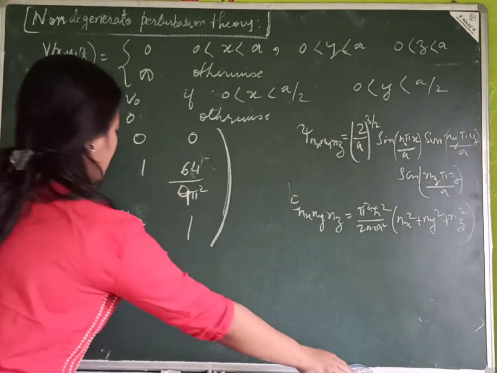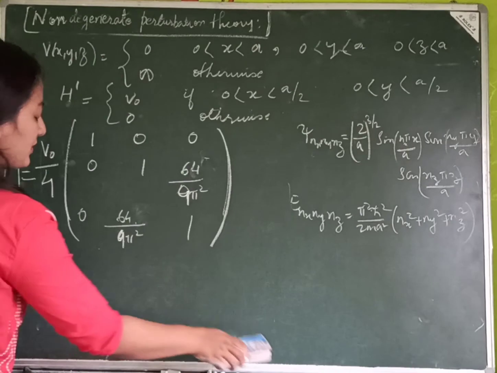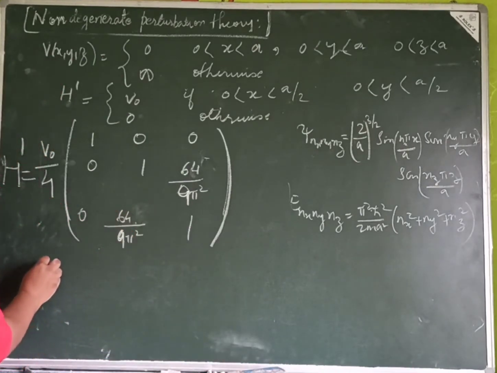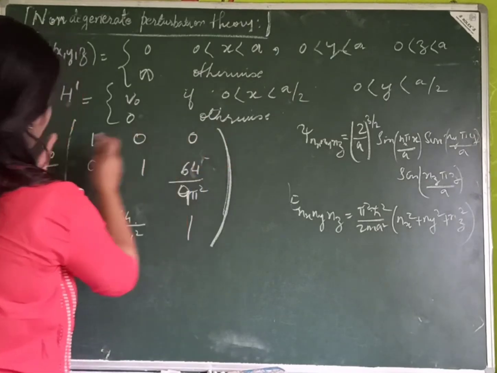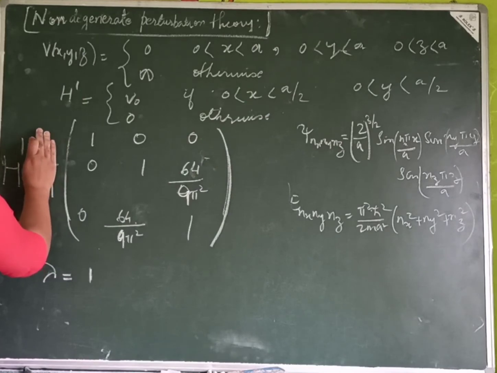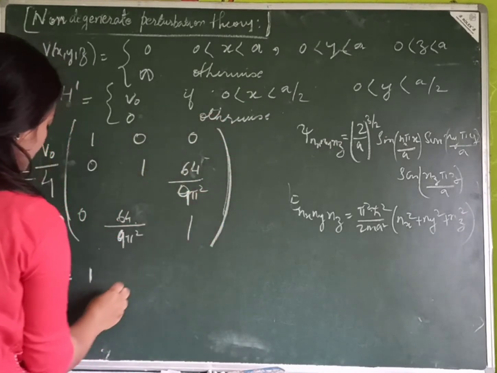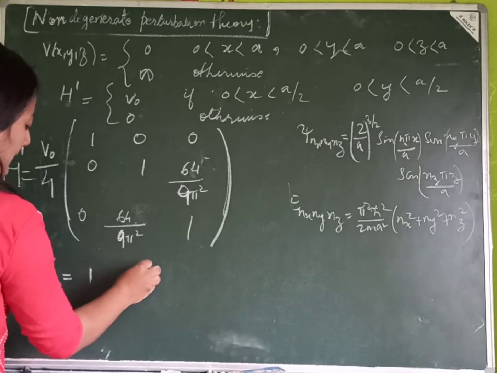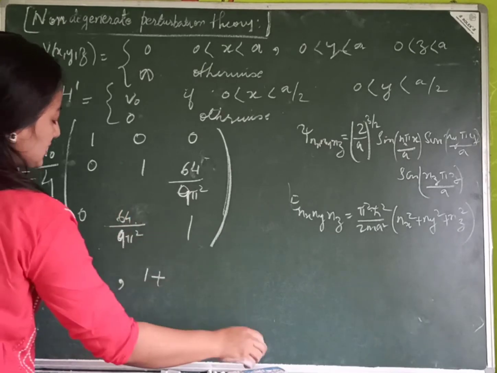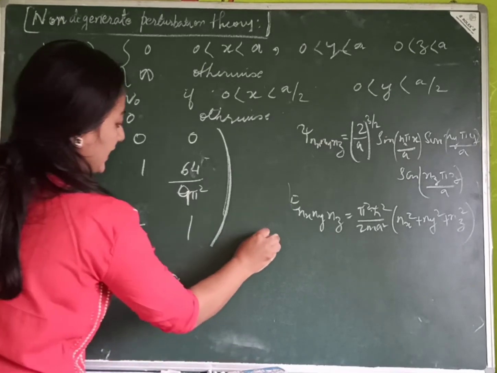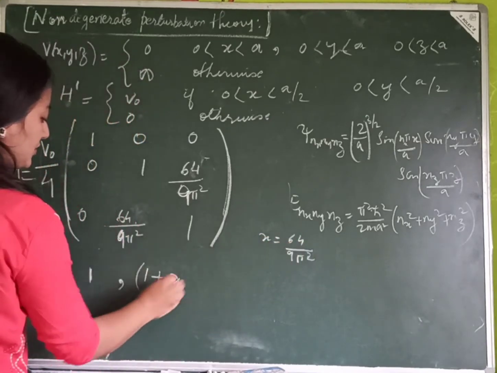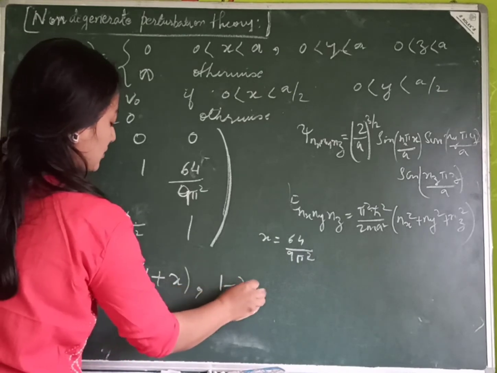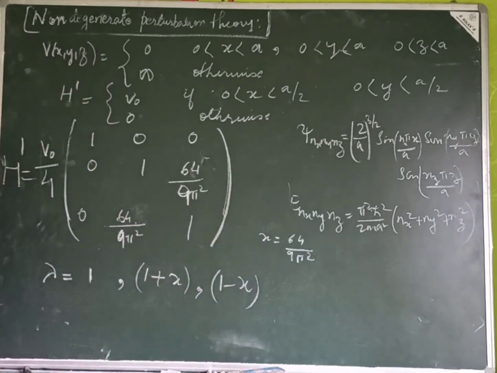If I do that, my eigenvalues come out to be, if λ is the eigenvalue here, only for this matrix, don't take this V0 by 4 into consideration, for this matrix it comes out to be 1 plus, let me call this term x, where x is 64 by 9π². So it comes out to be 1 plus x and 1 minus x.